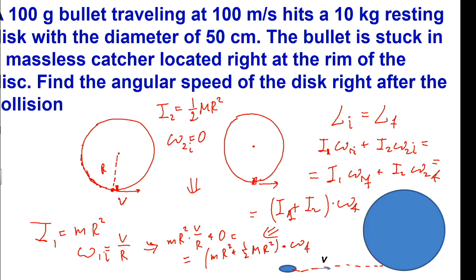There is no radius of the bullet. There is radius of that fictional circle we imagine for the bullet to make. In this situation, that fictional circle has the same radius as the disk has. It could have been smaller. That would change this and this. That wouldn't change anything related to the disk.